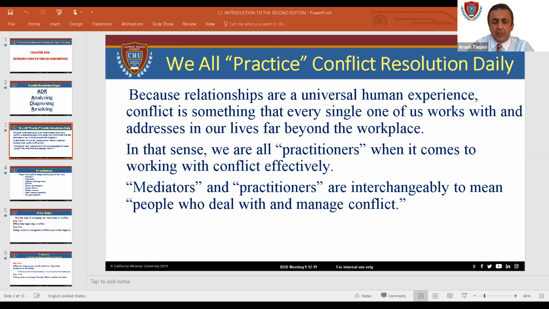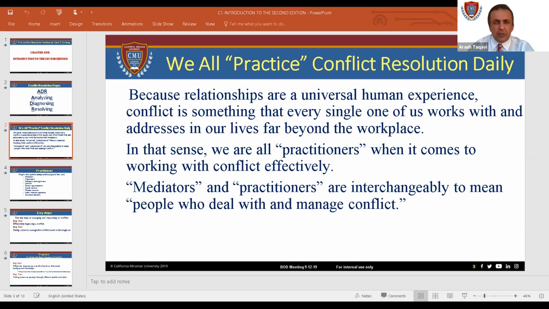Because of that, they say we all practice conflict resolution daily, not only in organizations. In that sense, we are all practitioners when it comes to working with conflict effectively. Mediators and practitioners are used interchangeably to mean people who deal with and manage conflict.